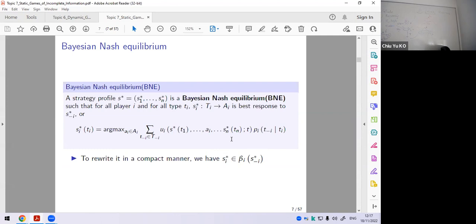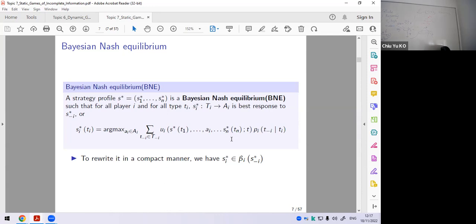Because you would evaluate your strategy based on different scenarios, depending on which opponent you're facing. So let me read this. This is Bayesian Nash if, in the pure strategy version, you choose the best action that maximizes your utility, holding the other guy's strategy fixed.